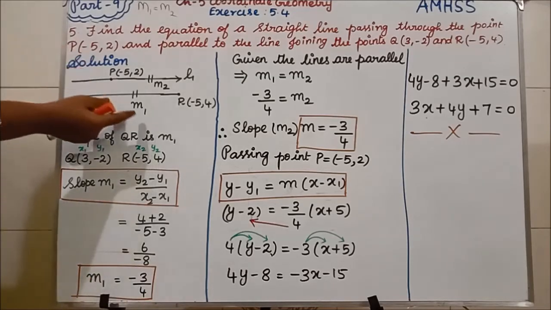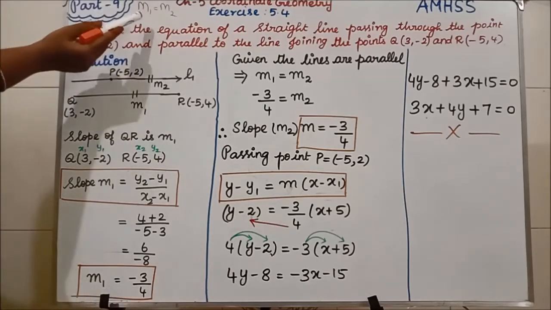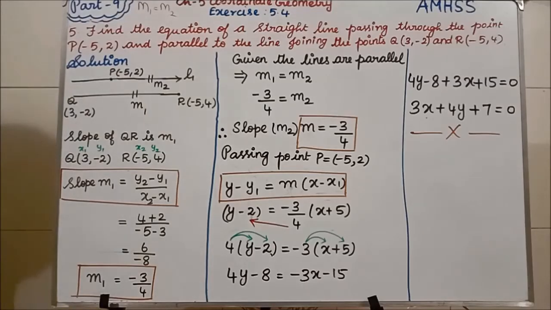Here we have got m1. Now it is easy for us to find m2, because parallel means m1 equals m2. We know the formula, isn't it? Whatever value we got for m1, the same value is m2 also. Clear, students? See what I have written next.